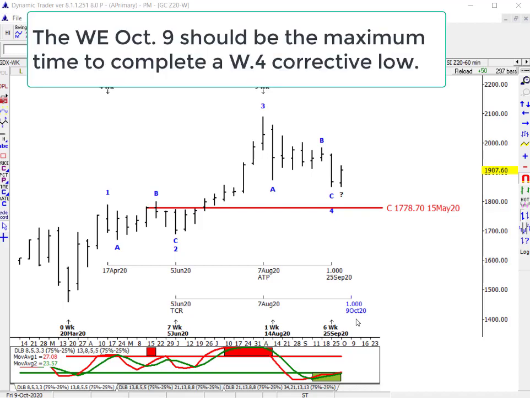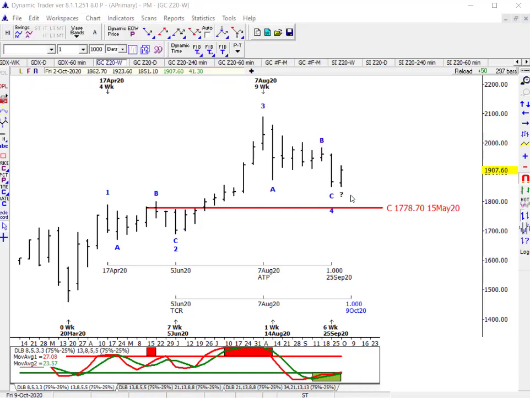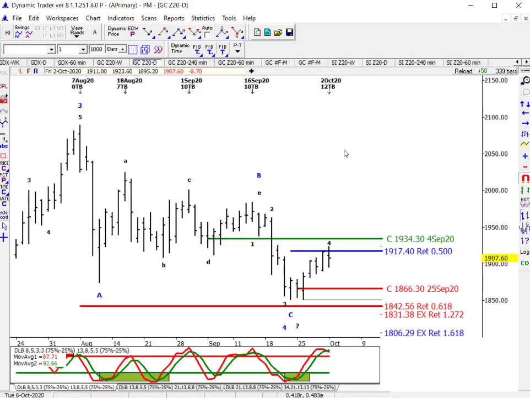And that should be the maximum time to complete a wave 4 corrective low, which should be a weekly low, and actually it should be a multi-month low, because indeed if it's a corrective wave 4 low following the end of the correction, we should continue the trend to a new extreme above the August high. So that's why we're within days of a trade setup and finding out how important this low is going to be. So it's time to get alert, my friends, time to be alert.